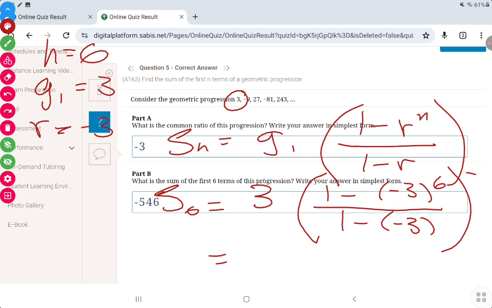It's better to do what's in the brackets first and then multiply, just to be sure you're accurate. You get -182 multiplied by 3. You get -546.